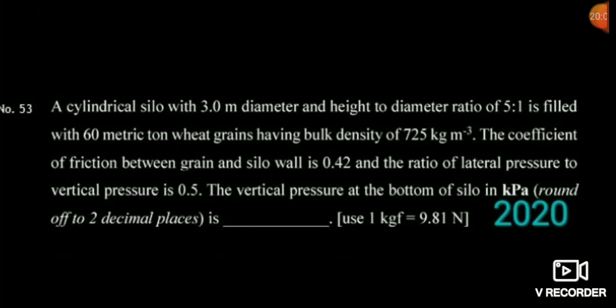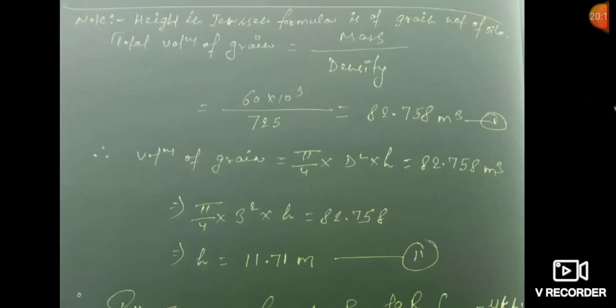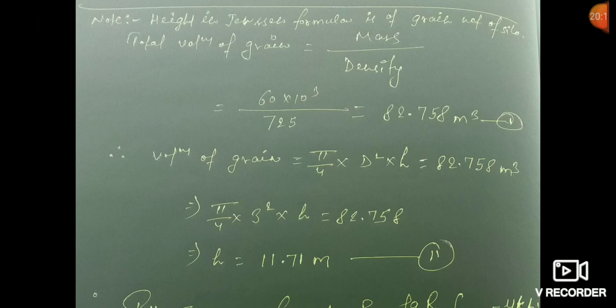Friends, you see here that the mass is given, that is 60 metric ton, and the bulk density is given. So from there you can easily calculate the volume of the grain. I think all of you know that mass by density is equal to the volume. I have got the volume, that is 82.758. After calculating the volume, you should calculate the height.